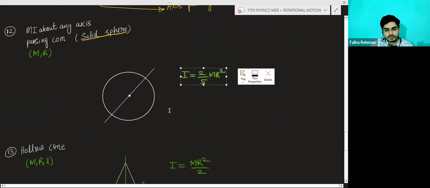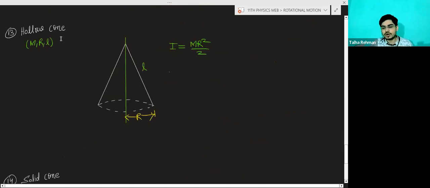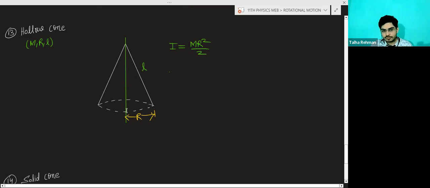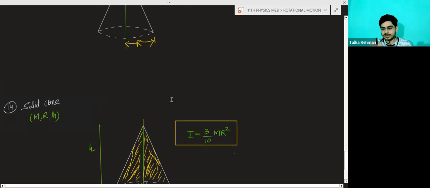In the case of a cone, if this cone is a hollow cone, like a birthday cap, you can take that as an example. A birthday cap is like a hollow cone. If you want to find the moment of inertia about the axis of the cone, that will be m r square divided by 2. A solid cone is just like ice cream.